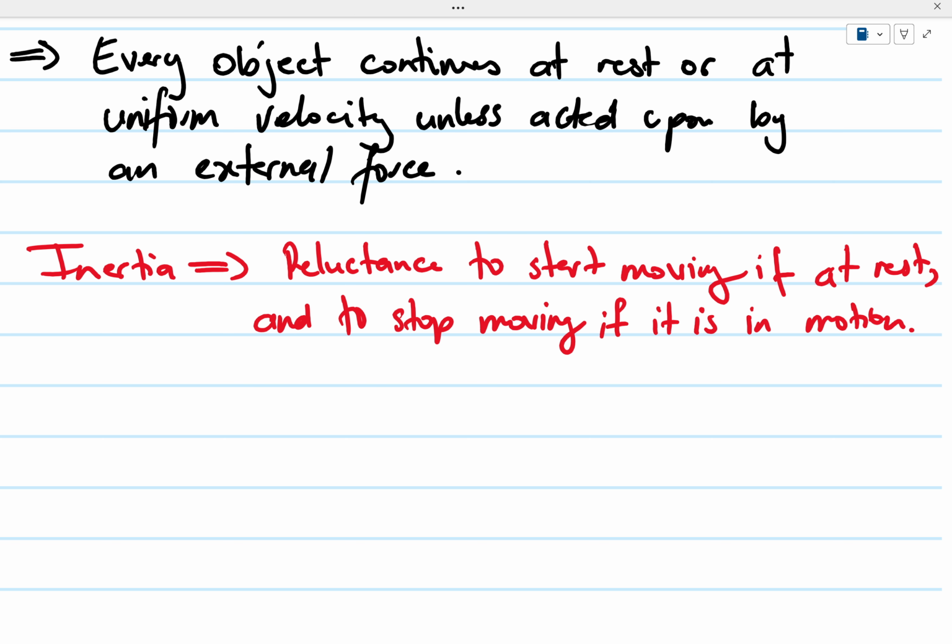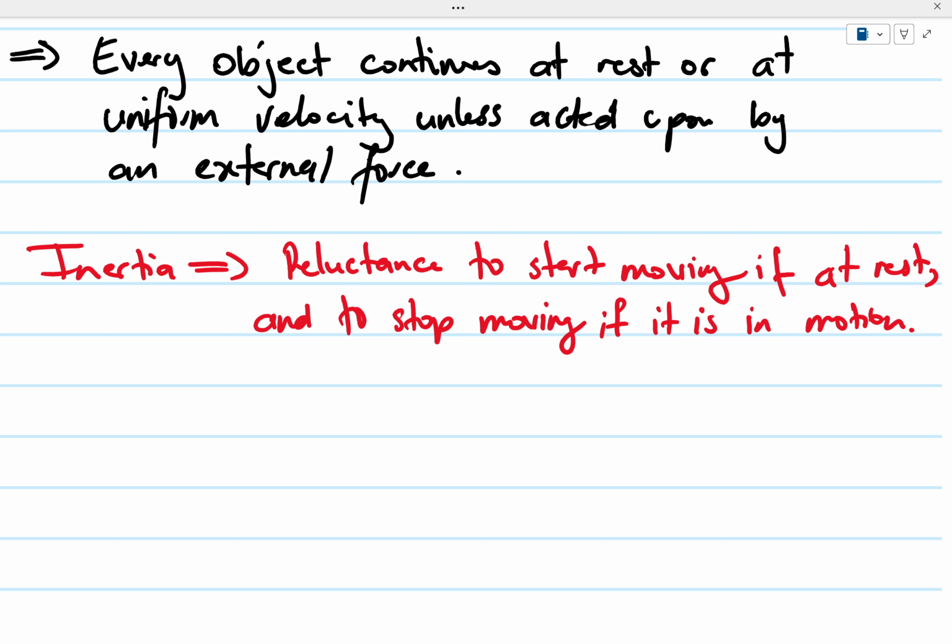I'm trying to find a better word or an easier word, but it's generally the reluctance of an object to start moving if it is at rest, and to stop moving if it's already in motion. And we can relate this to heaviness. Some persons relate it to an object being heavy.